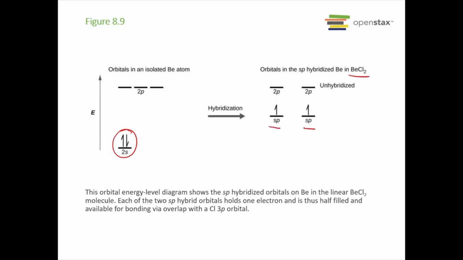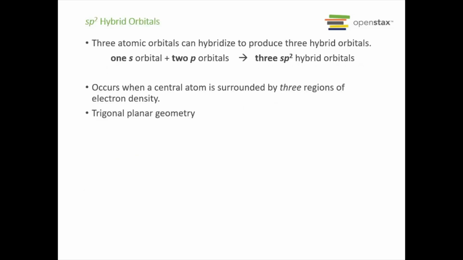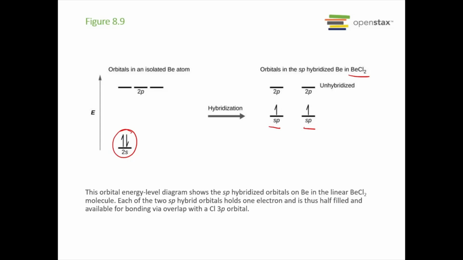Since they're degenerate orbitals, they have the same energy. Remember, we always put one electron in each orbital first, as that's lower in energy than pairing them and then having one lobe open. So now we have unpaired electrons for those chlorines to bond with.